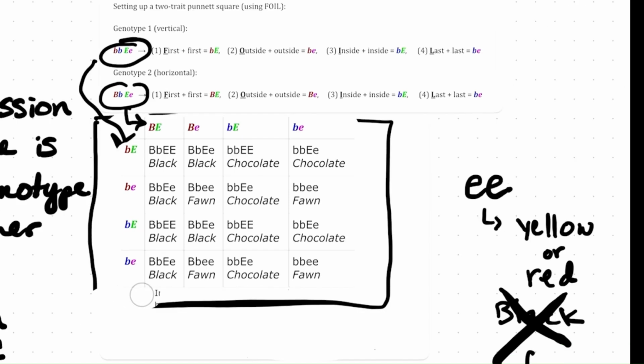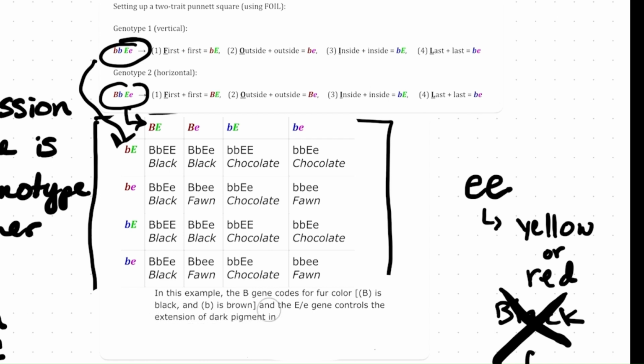So in this example, the B gene codes for fur color, right? The big B is black and the little b is brown, and the big B has complete dominance over the little b. And the E gene controls the extension of dark pigment in coat color, where the capital E rabbits will appear as expected.